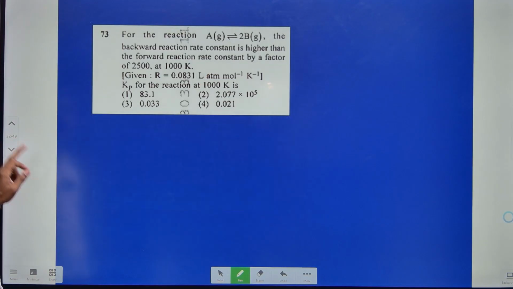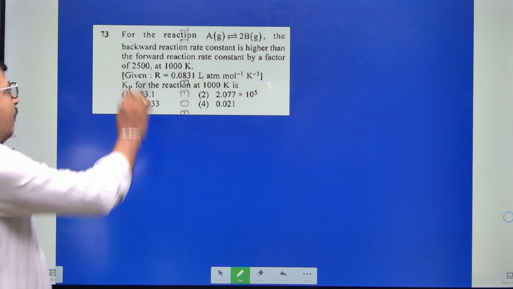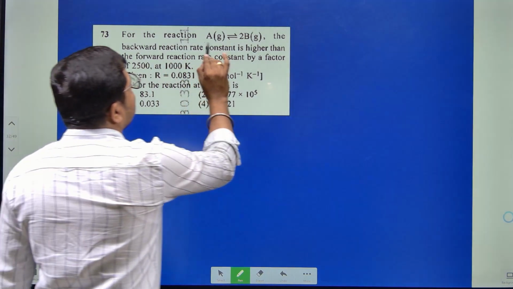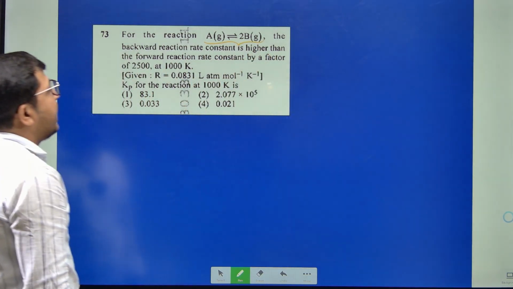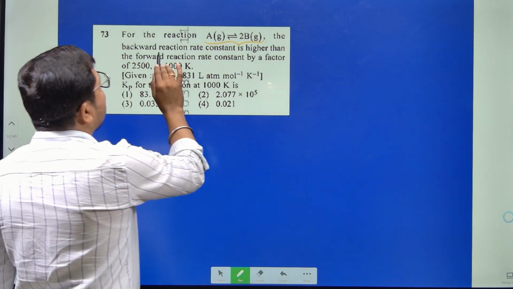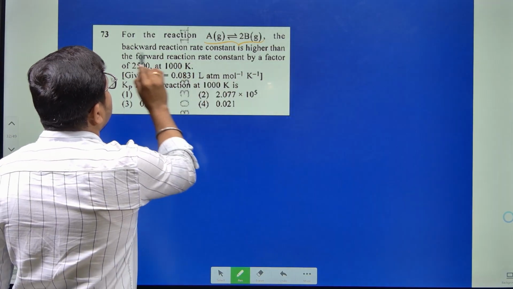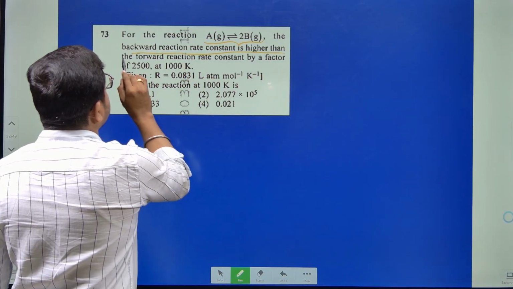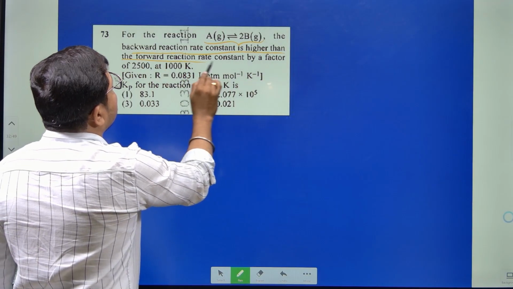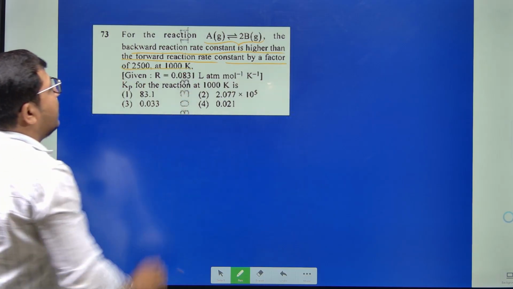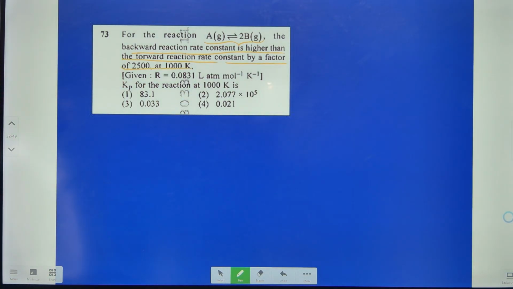Let's move to question number 73. For the reaction A gives 2B, a gaseous reaction, the backward reaction rate constant is higher than the forward reaction rate constant by a factor of 2500 at 1000 Kelvin.